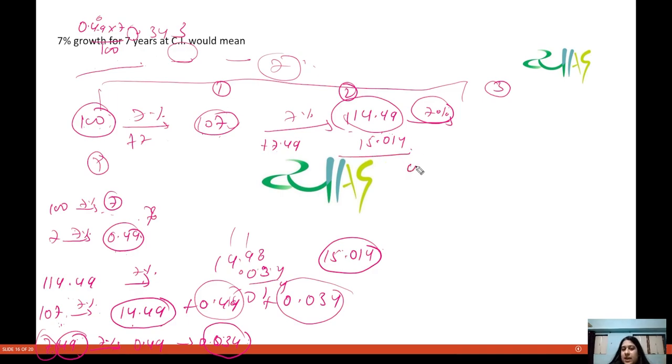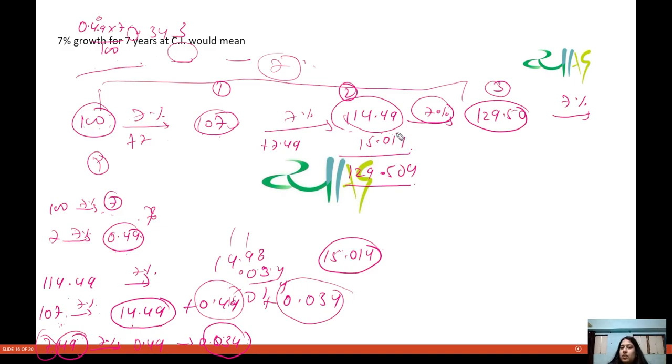So this becomes 129.50. Okay, 129.50. Fine. So now we have to find 7% of this.